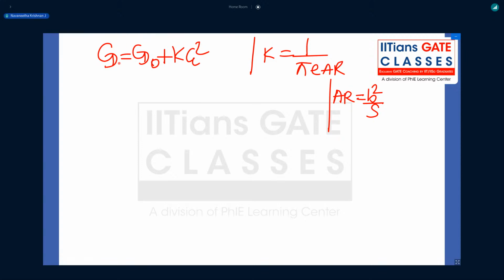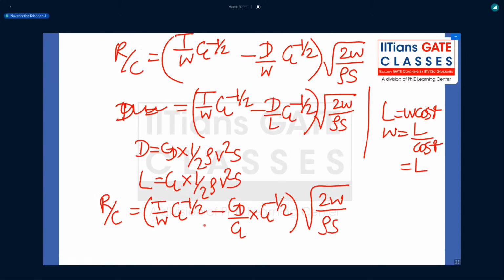Now I substitute CD as CD naught plus K CL square in this equation.